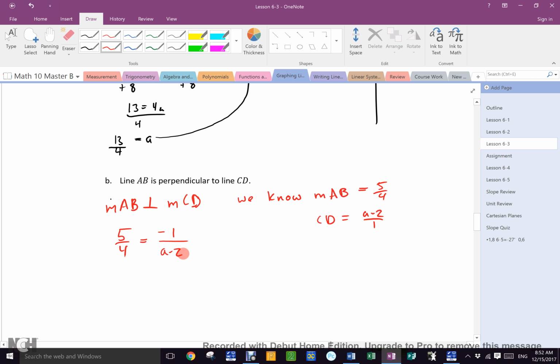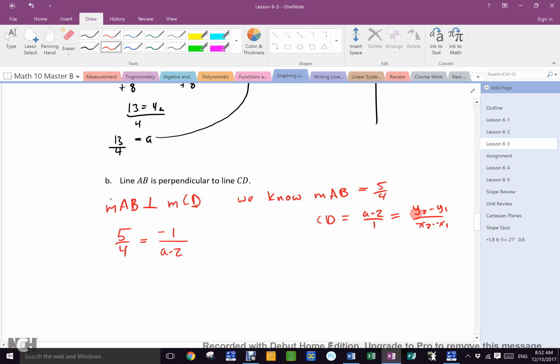Does everybody see what just happened there? We had the slope if they were parallel, but I don't want a parallel slope anymore, do I? I want a perpendicular slope, which means I flip it and change the sign. So, since I already knew it, I can write it this way. Could I also write it this way? Isn't that supposed to be y2 minus y1 over x2 minus x1?